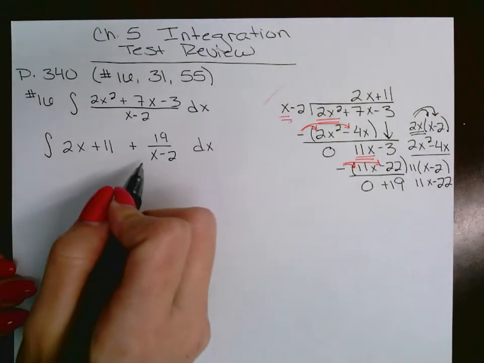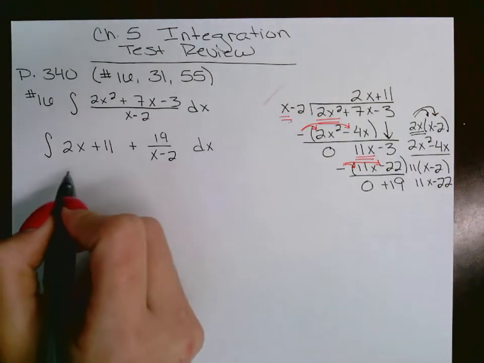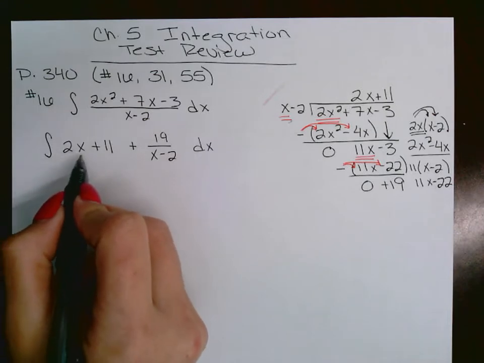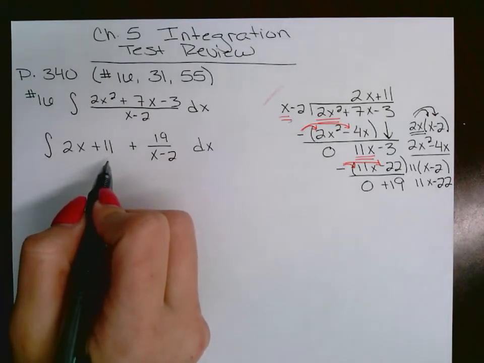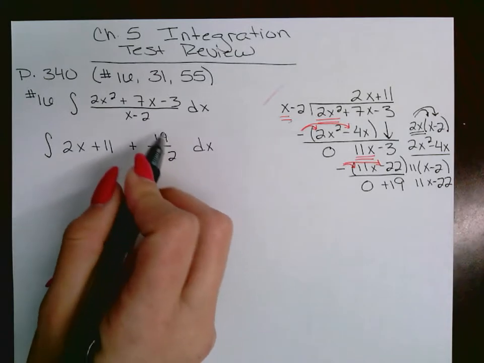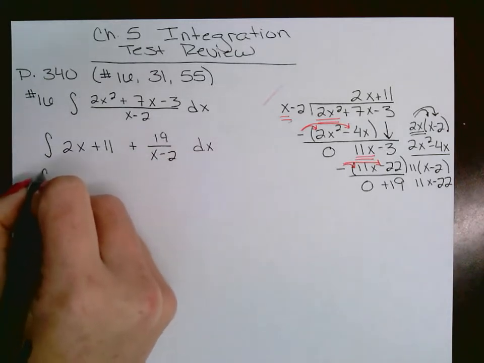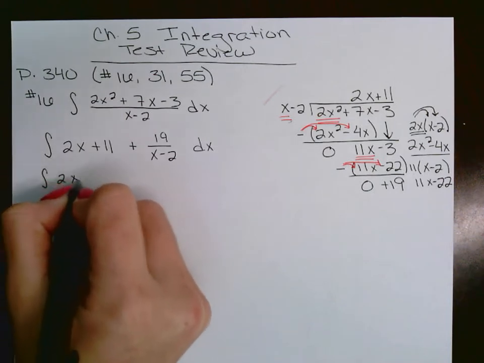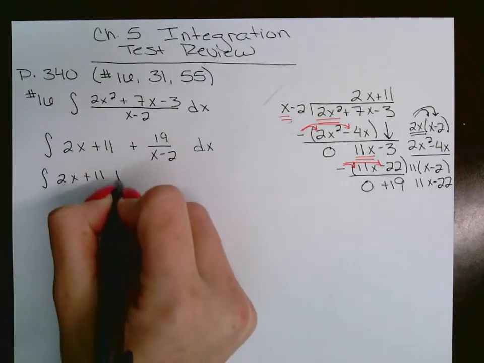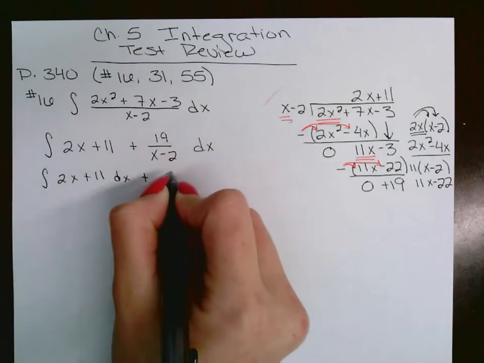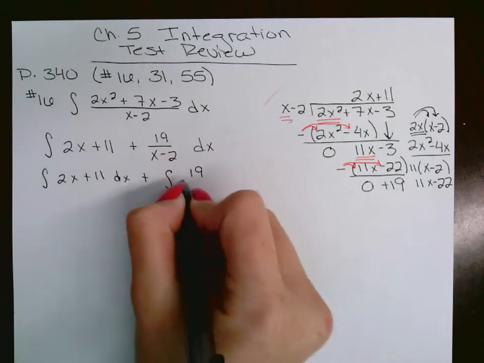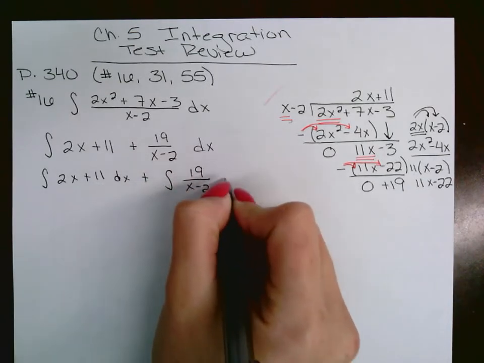Feel free to split it up in any way that makes you happy, okay? So 2x and 11, I can do something as simple as a reverse power rule. A fraction requires another kind of rule. So I'm going to split the integral of 2x plus 11, and then I'm going to do the integral of 19 over x minus 2.